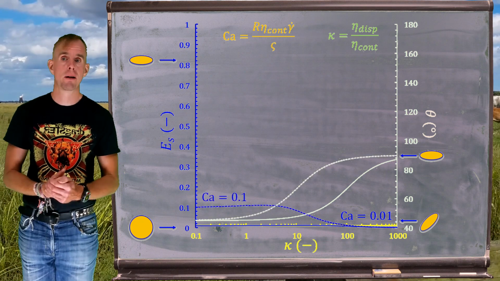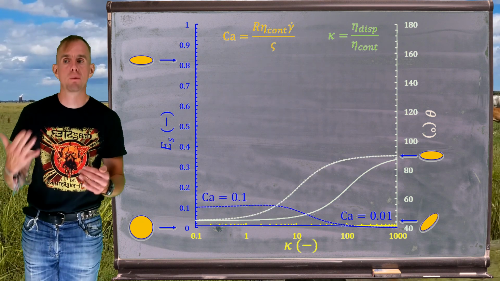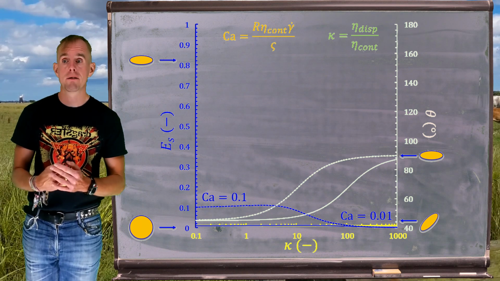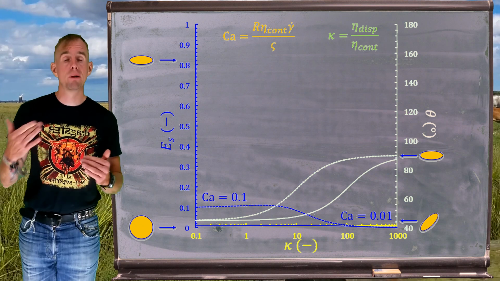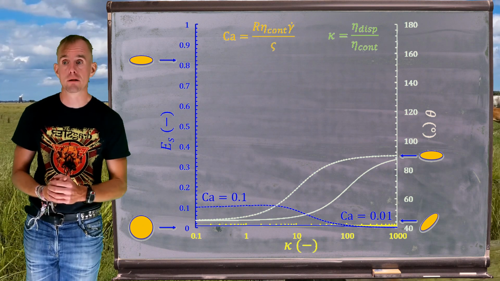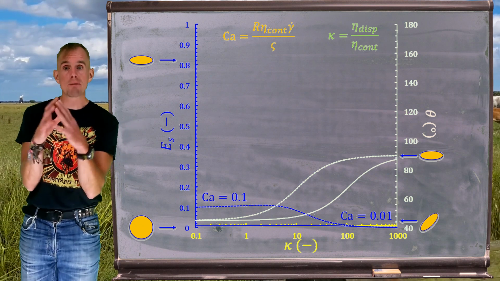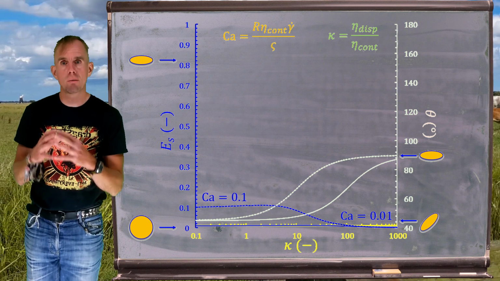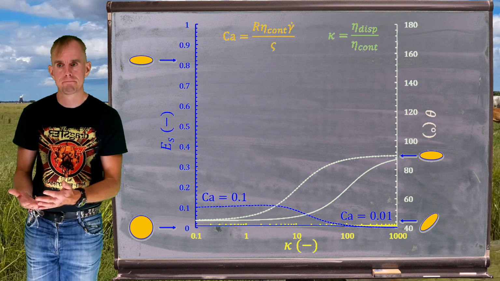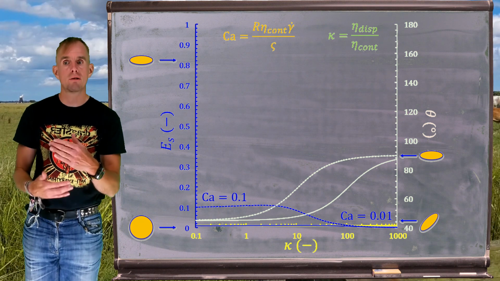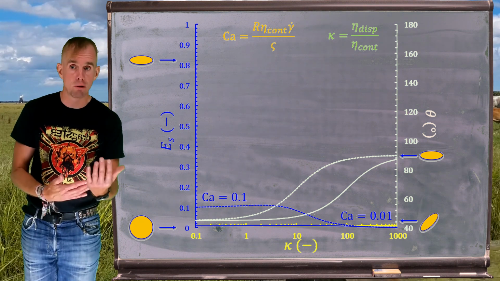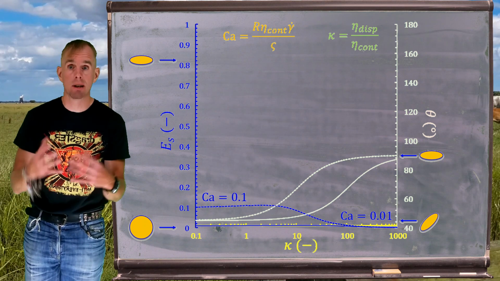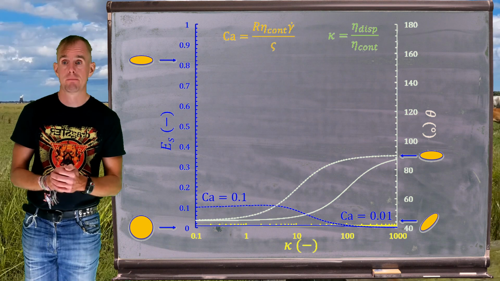Let's increase our capillary number a bit. Let's go from 1/100th to 1/10th. So the dotted lines on the blackboard now are for capillary number 0.1. If we look at the shape there plotted in dark blue, we can see that we have a little bit of droplet deformation for viscosity ratios where droplets are easily deformable. For viscosity ratios where droplets are not easily deformable, they maintain their spherical shape because they're effectively behaving as solid particles.